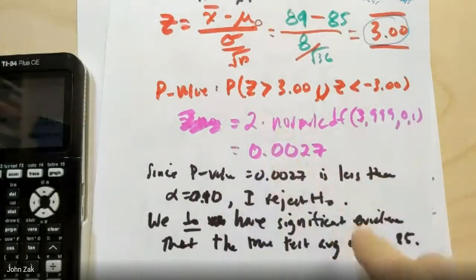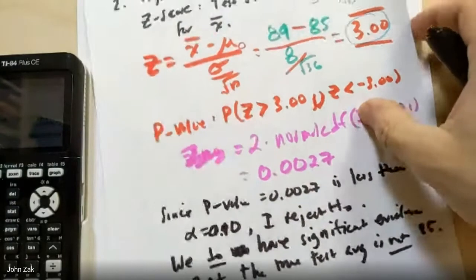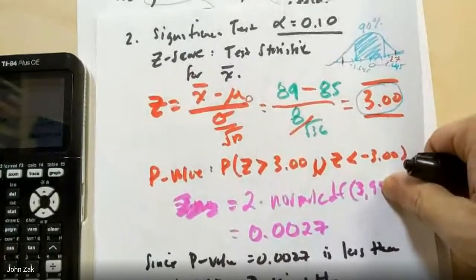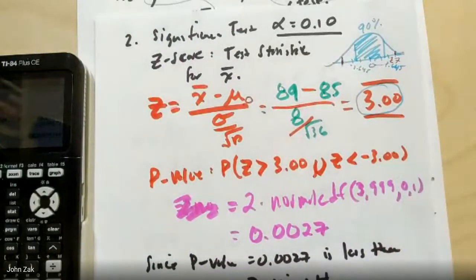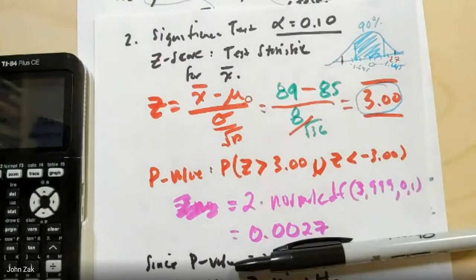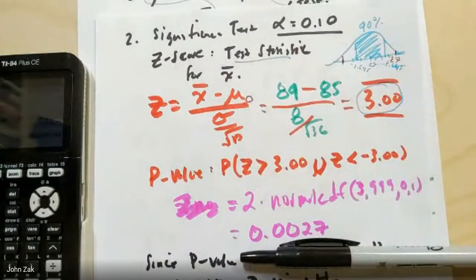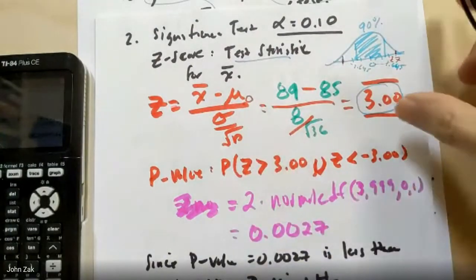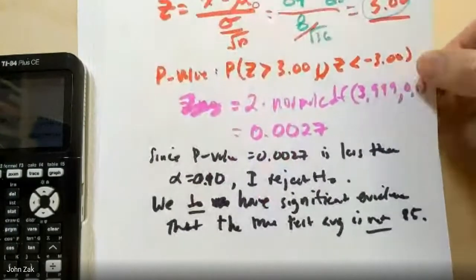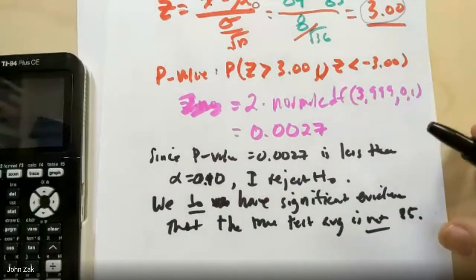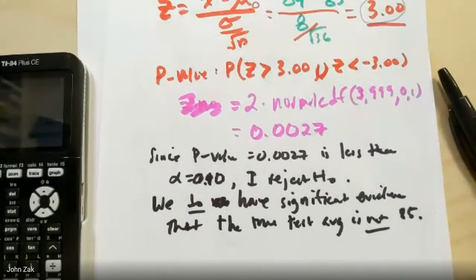I'll tell you, though, in AP Stat, when we go through the process of doing a significance test, AP Stat has some quirks, and one of those quirks is next week we're going to see it's going to be required that you tell me the test statistic. It's just required. You're going to have to calculate it anyways. So I tend to just use the test statistic when I'm doing normal CDF because it's usually easier to type in.